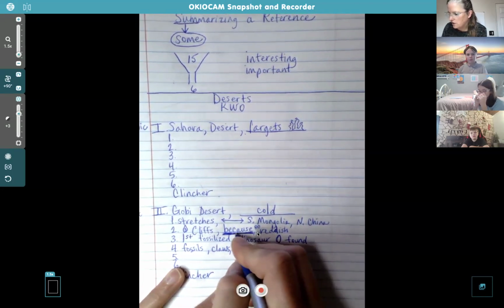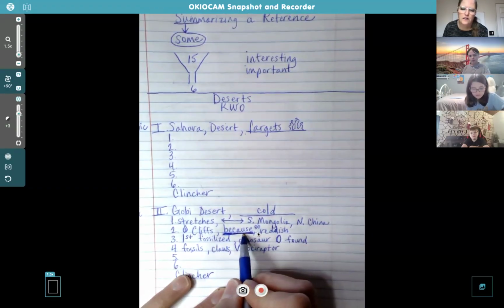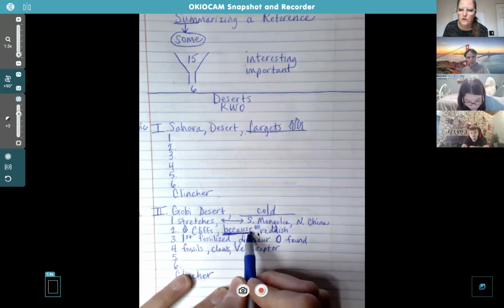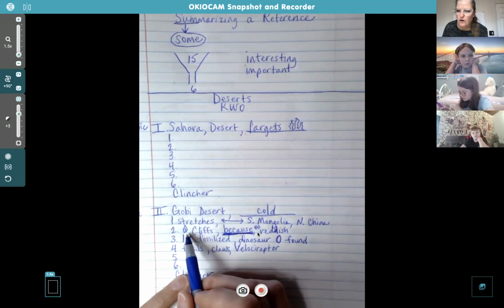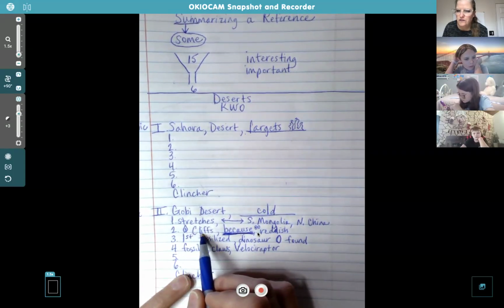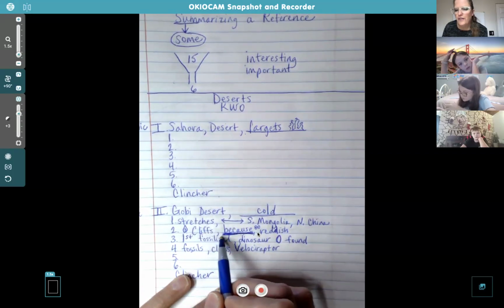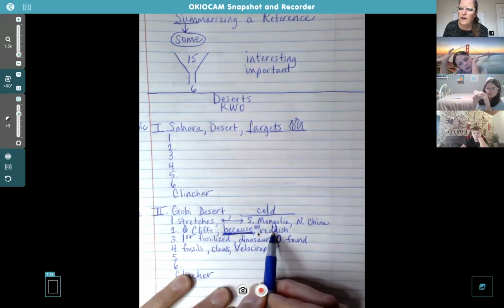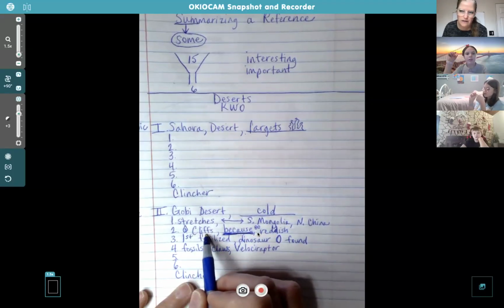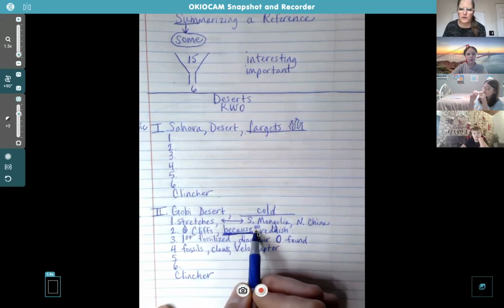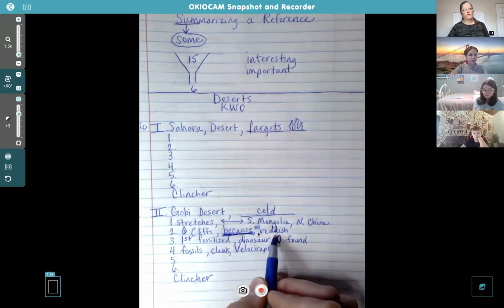I'm just making a dark underline here so I can see it. But you already have the word because. So in this sentence, Declan, you would say something like, in the Gobi Desert, there are flaming cliffs that are called that because they appear reddish. Something like that. Okay. You're telling why they're called flaming cliffs because they appear reddish or they look reddish, either way.